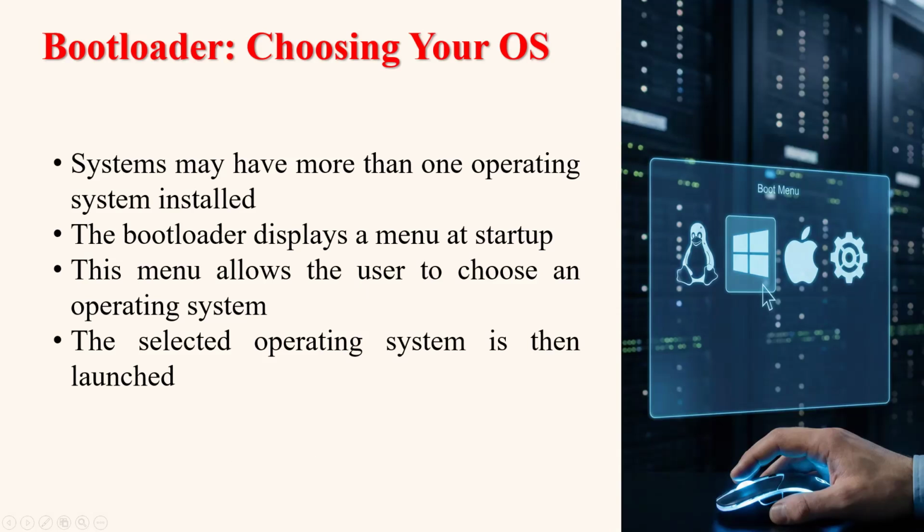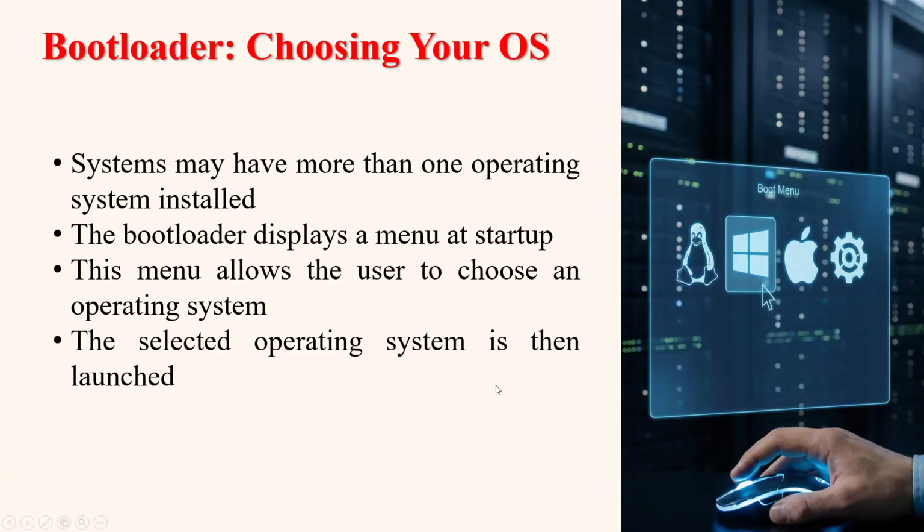Once the user makes the choice, the bootloader loads the selected operating system. So now we understand that bootloaders provide us flexibility. They allow multiple systems to coexist. And this is a very, very important concept in system administration and advanced computing setups.